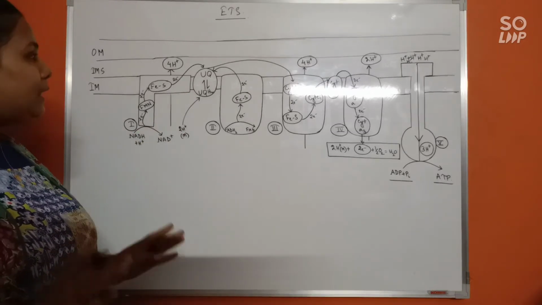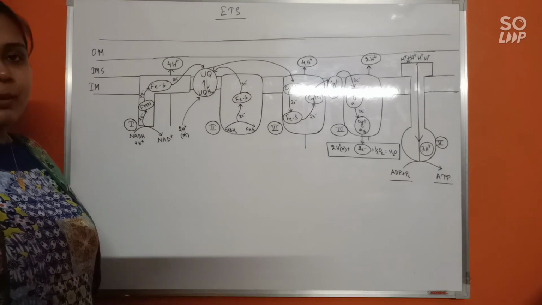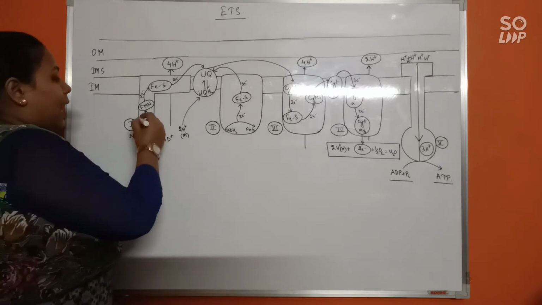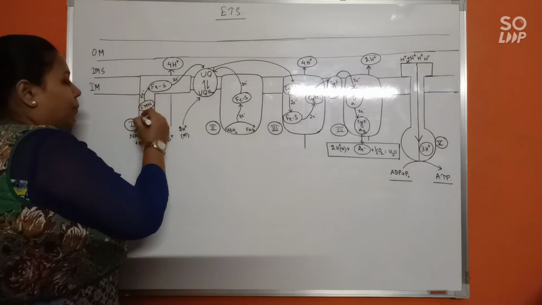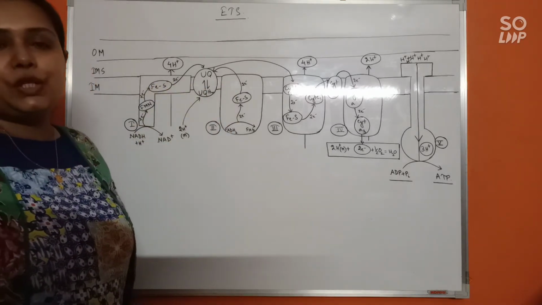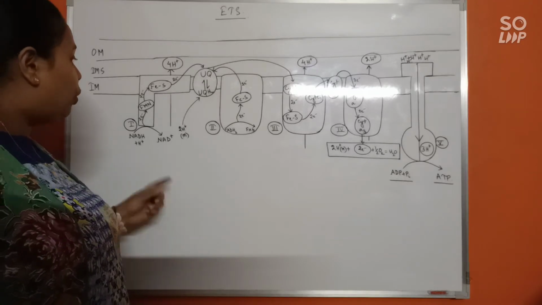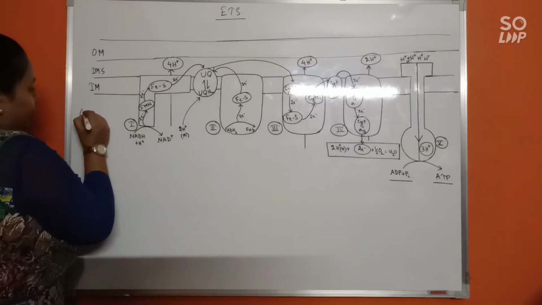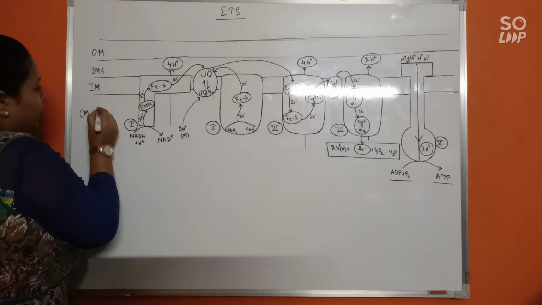Now, the main thing that you have to remember here is that when these high energy electrons are being passed through these complexes, they will use this energy to channelize protons from the matrix. This is the matrix, internal to the inner membrane.